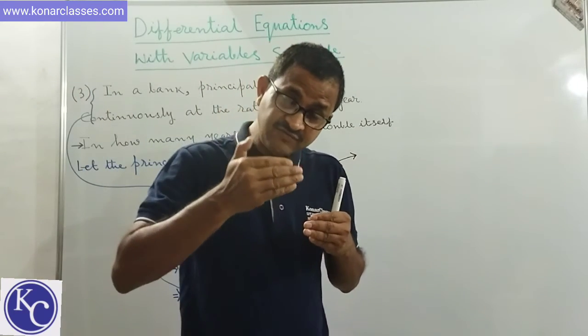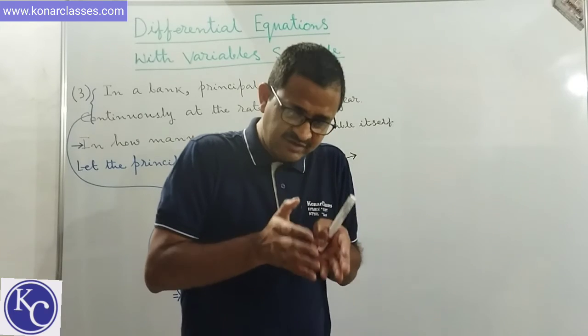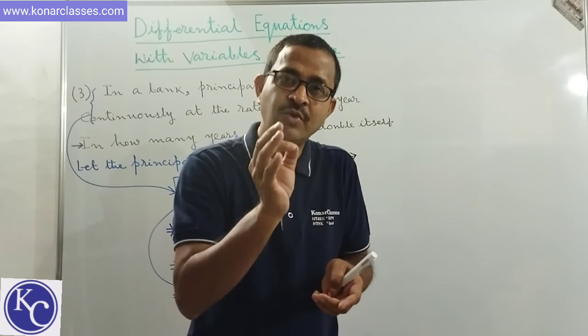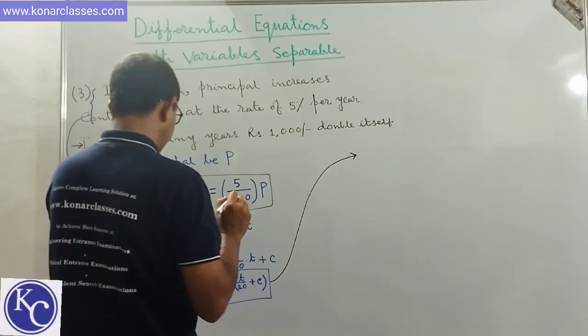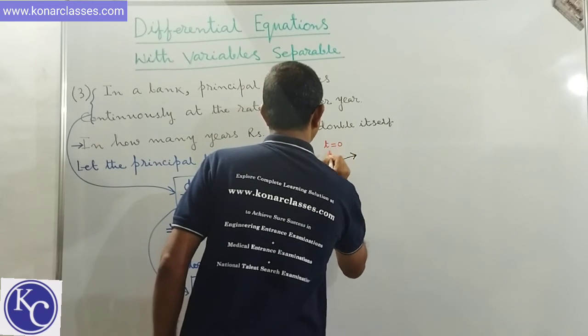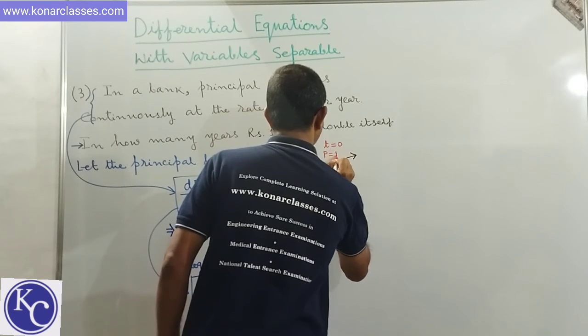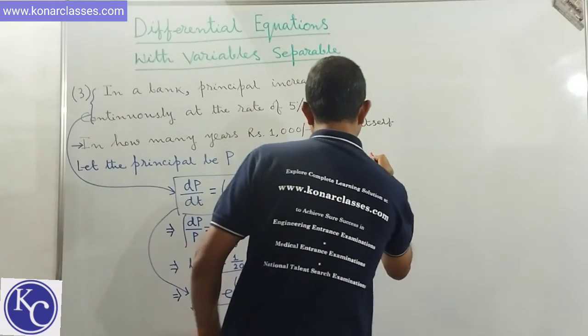So when I put that principal 1000 in the bank, that is the beginning of time. That means t is equal to 0. That is a statement we can infer. So when t is equal to 0, P is equal to 1000. We will apply that here.